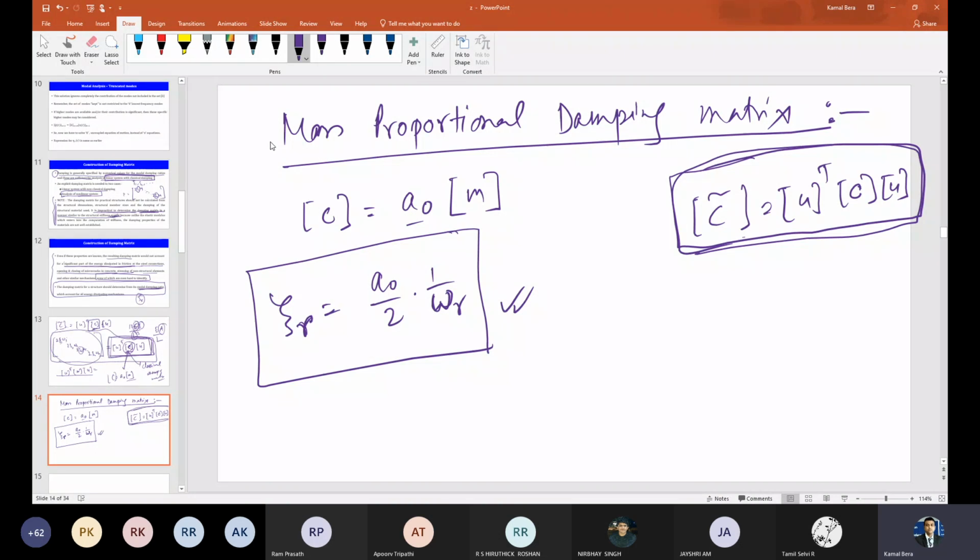If you are not able to understand, that is not a good thing. So just tell me whether you understood or not, so that you can clear your doubt. Yes, sir, getting the same, A naught by 2 omega r. Fine. Any other people? Anybody else not able to get it?